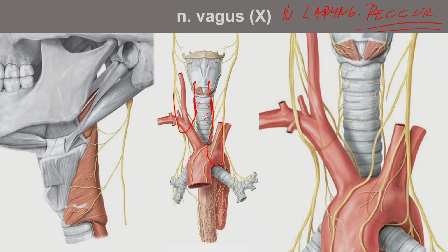Could you imagine that there is a tumor? There is a large tumor which is arising from the bronchi, bronchogenic carcinoma. When it is infiltrating the mediastinum, the main bronchus, it could infiltrate also this nerve, and the patient then could have a changed voice, and when you look into the larynx using laryngoscopy, you can see paresis of one vocal cord.